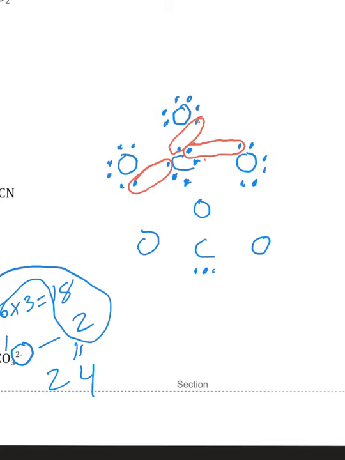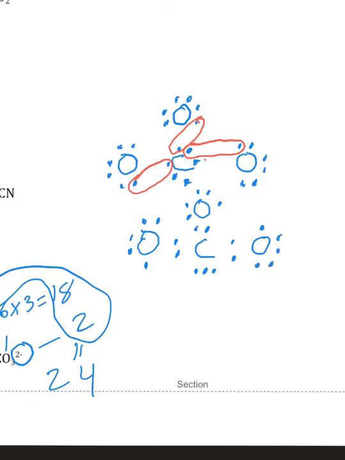I'm going to kind of put them on the bottom just to get them out of the way so I know that those aren't shared electrons. And then I'll put the rest of the electrons that were on these oxygens back on here.